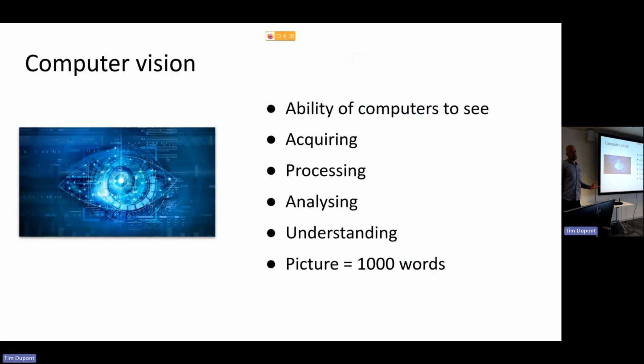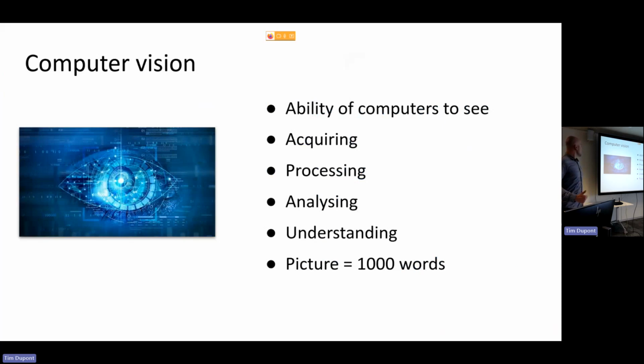So you can guess, why is it important for robotics? Well, it's pretty handy if your robot can actually see what it's doing, where it is, and what are the objects in its vicinity, so that it doesn't drive into a human, for example.